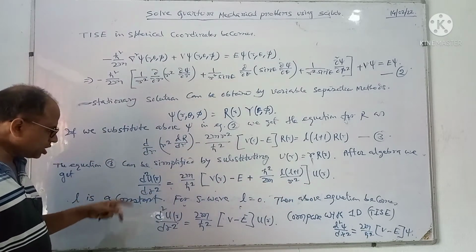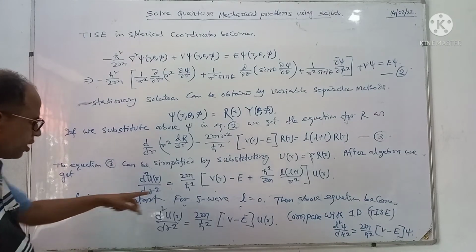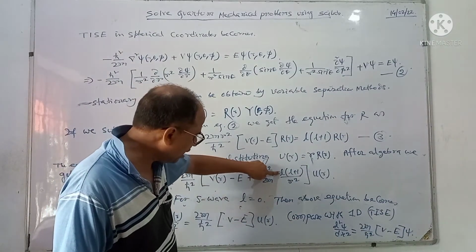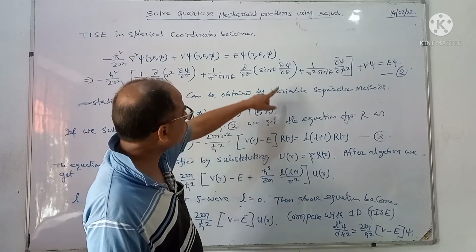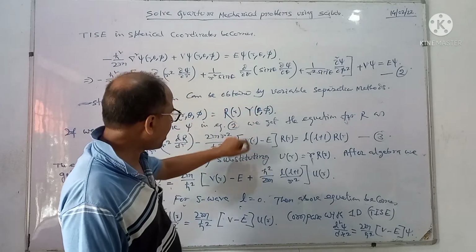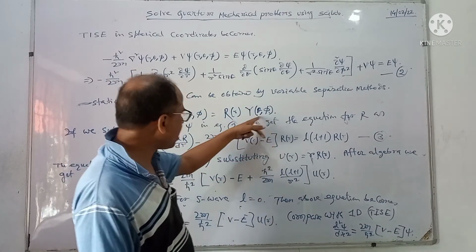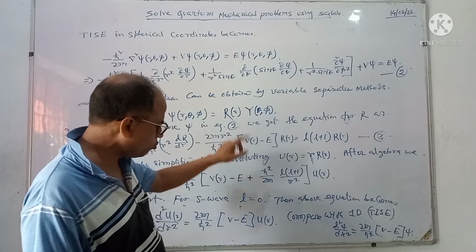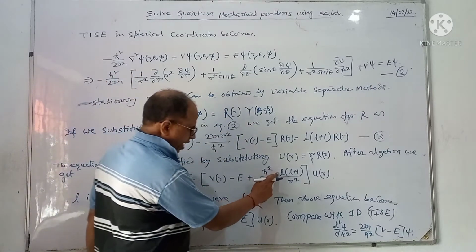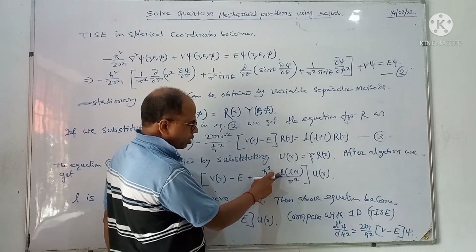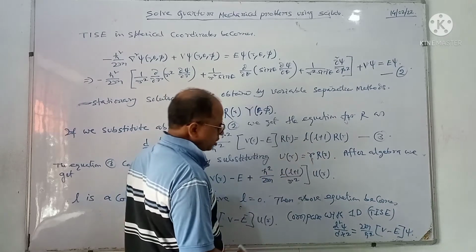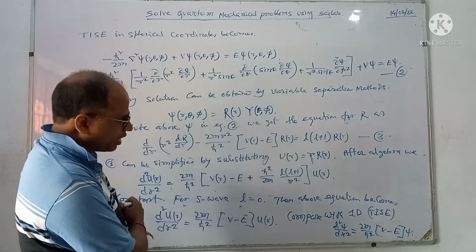And in this equation, here you see no L. But this L comes during the variable separation method. When you solve, L is a constant. Actually, L is a quantum number. Its significance is a quantum number.